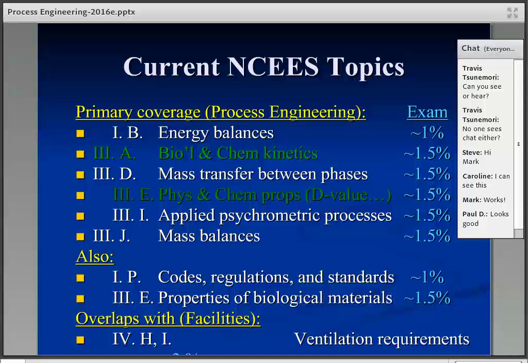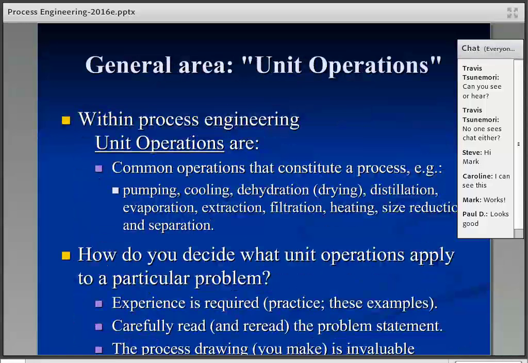Some of section 1, the general knowledge, common system applications, they call it. We hit some of that area, and some of the facility stuff on ventilation, we hit pretty close to that. It overlaps a lot, so that's some of what we'll be doing.